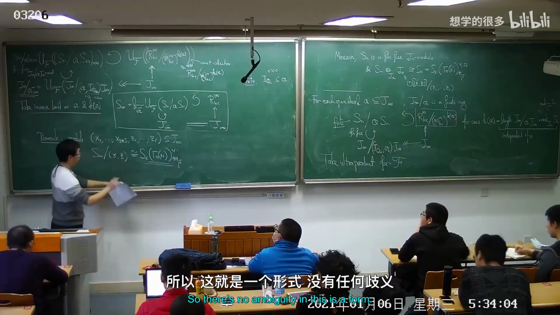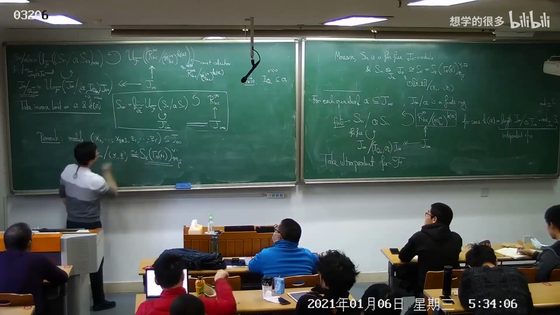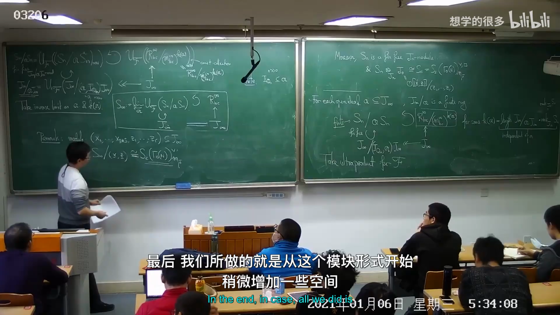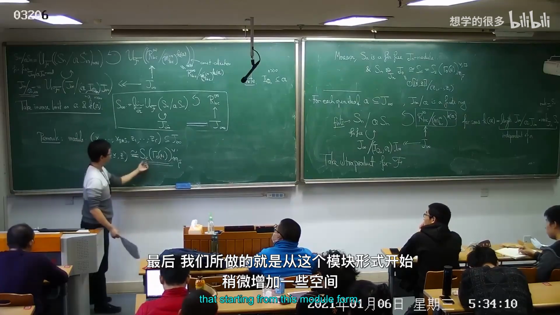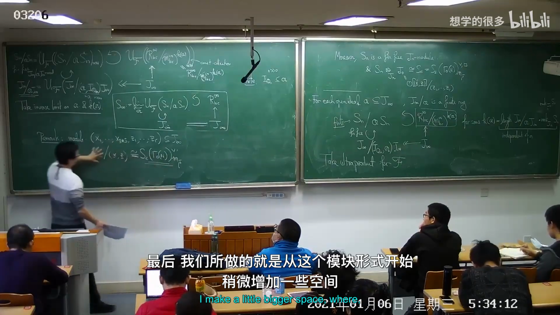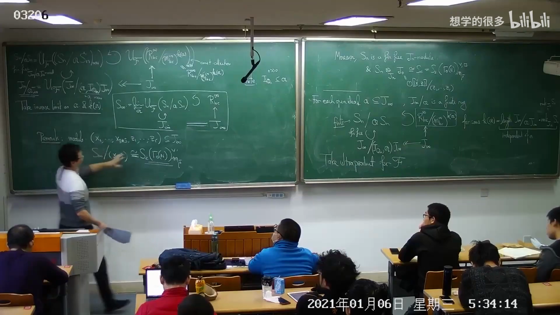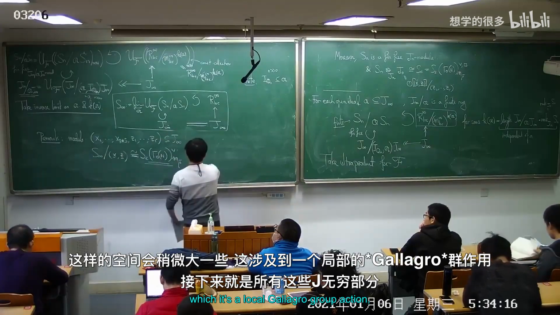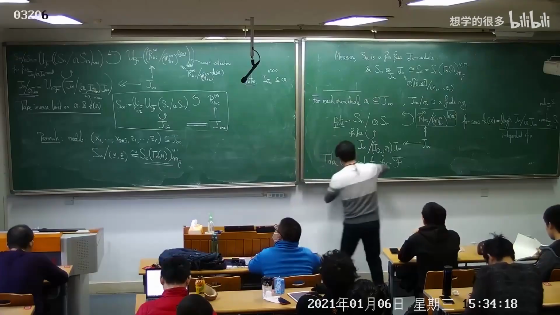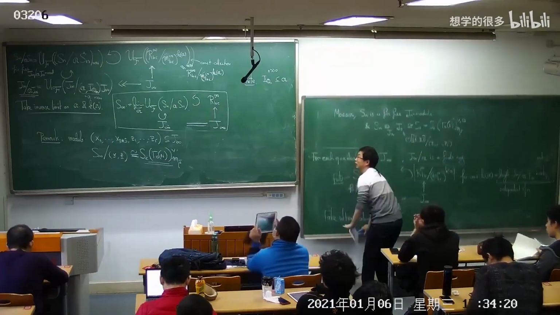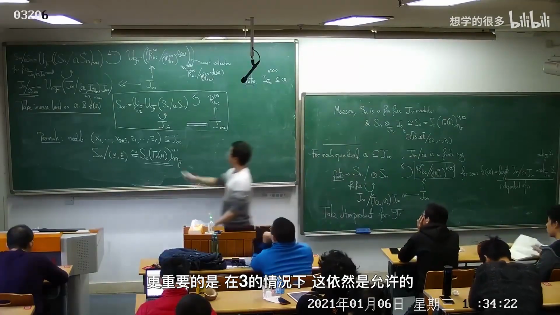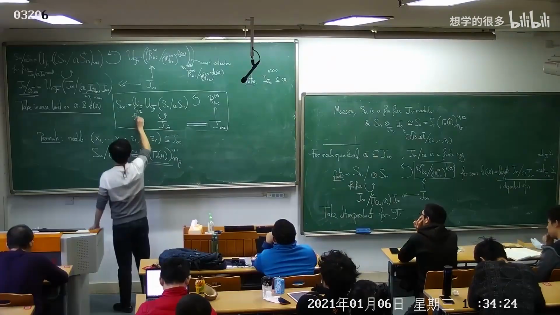There's no ambiguity in this isomorphism. In any case, what we did is that starting from this module of forms, I make a little bit bigger space, which admits a local Galois group action and all these J infinities. And more importantly, this is still finite free.